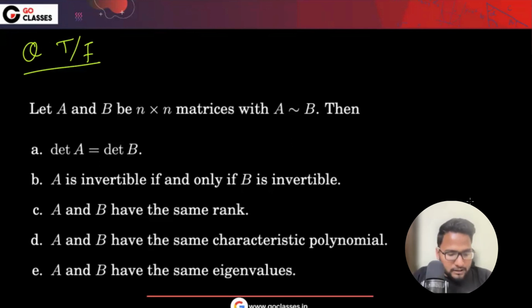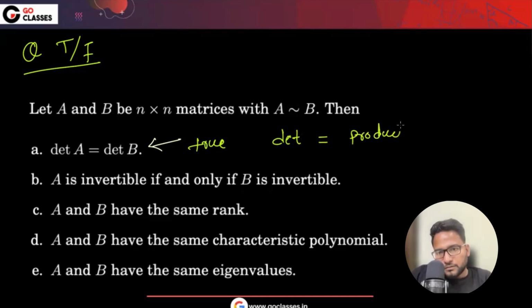Yes, right. Determinant is nothing but the product of eigenvalues. So I can say this is true, and the reason is the determinant is equal to the product of eigenvalues. Next: A is invertible if and only if B is invertible. What do you think?